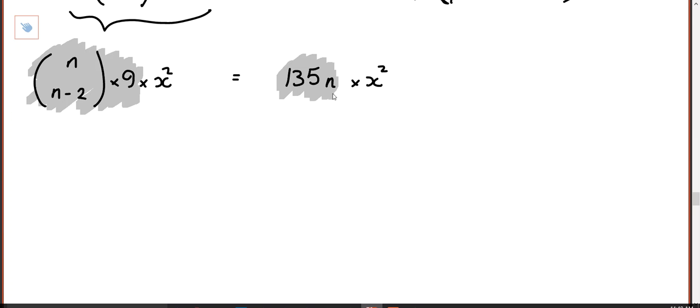Does that make sense at the moment? Now there are lots of things I could do at the moment. There are lots of ways to do this. But potentially what you might spot is, is there anything you would do right now to make it slightly simpler?